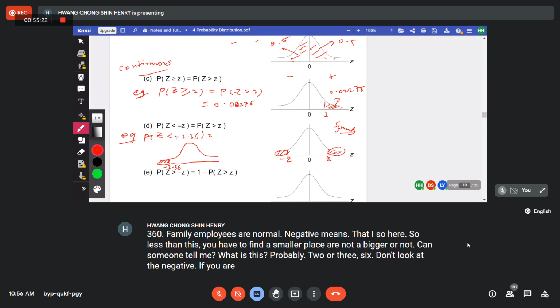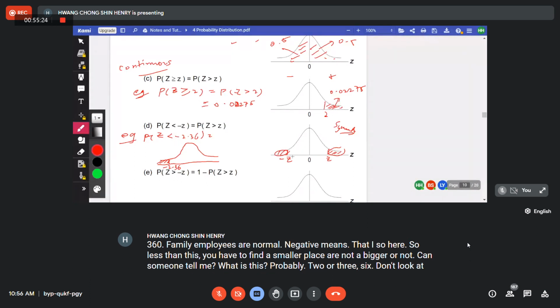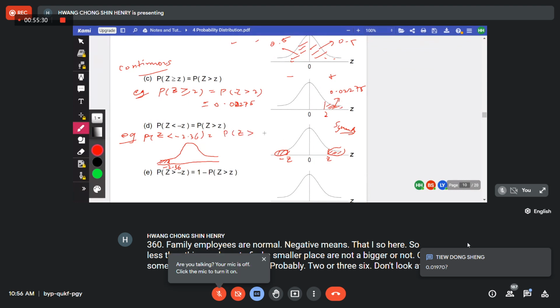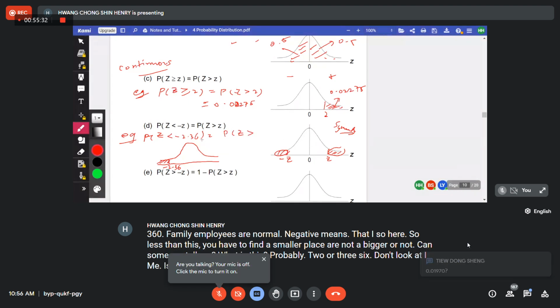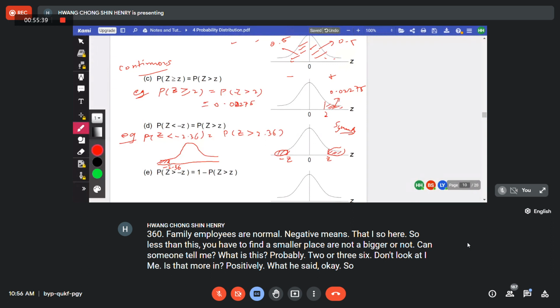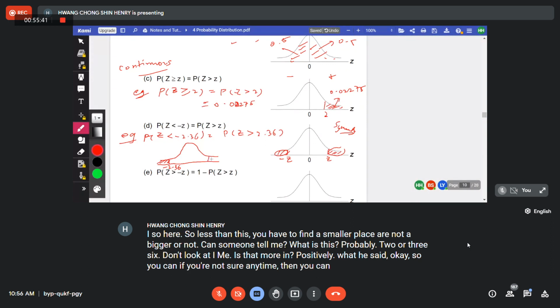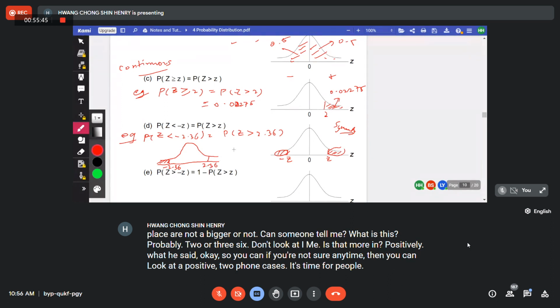If you are very scared about the negative, the other way is, remember this concept, you actually can write it as Z more than positive 2.36 for this one. So if you're not sure about this, then you can look at the positive 2.36. This time positive, then more than means you have to shade this one.